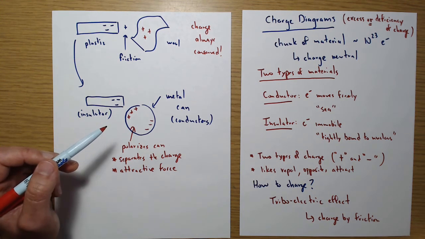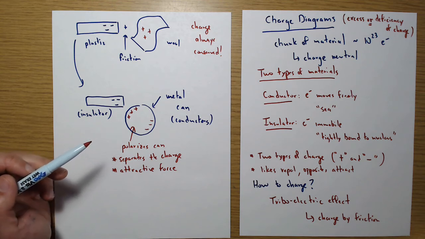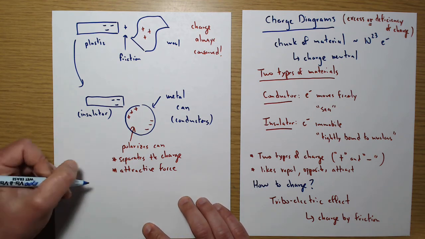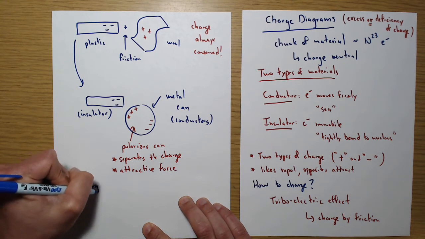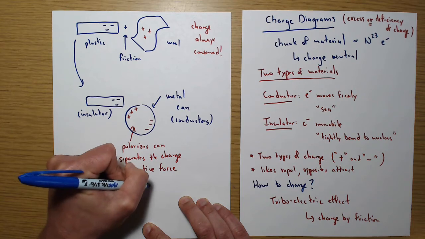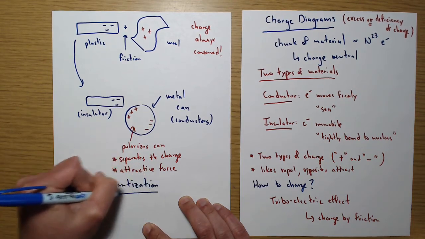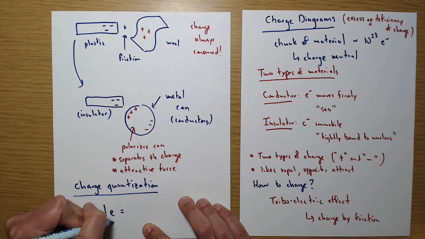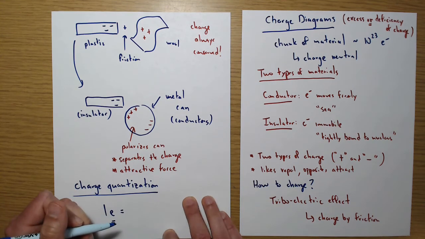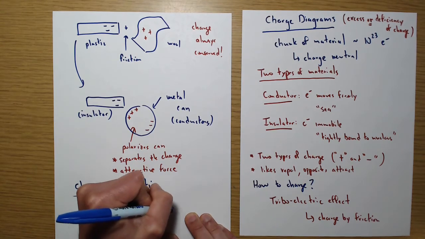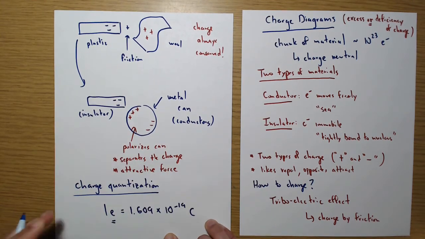All right, now one final point I want to make here is what's called charge quantization. Now, it turns out that the elementary unit of charge we call E. 1 E is equal to 1.609 times 10 to the minus 19 coulombs.